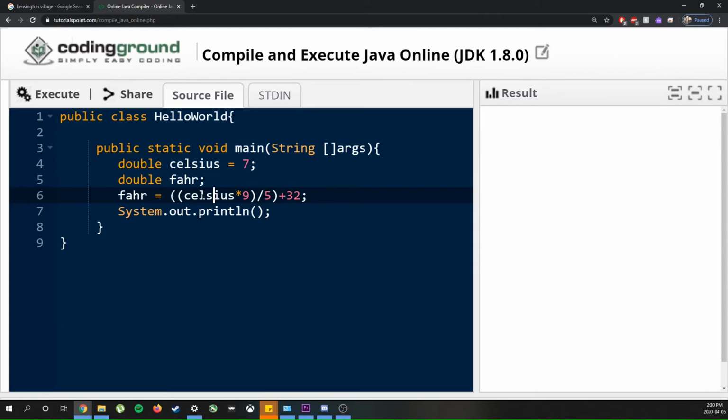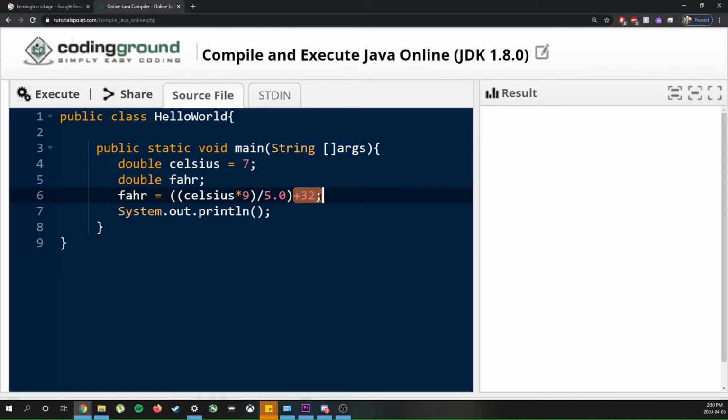So what's going to happen here is this value here will be substituted into here. So 7 is going to replace this word Celsius. So it'll be 7 times 9 and then divided by 5. I'm actually going to make this 5.0 because I think it might guess that it's integer division and not take our decimal number, but if I put a decimal 0 there, it for sure will. This is not something I would take off marks for in grade 10 anyways, but just so that we're accurate.